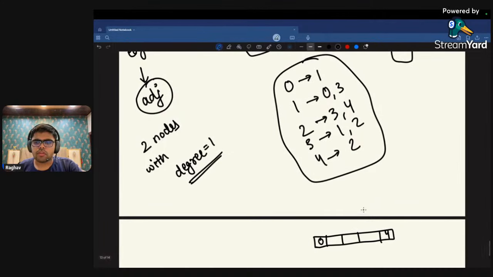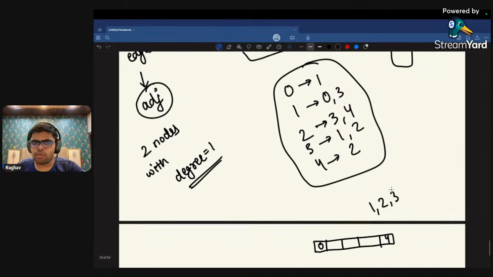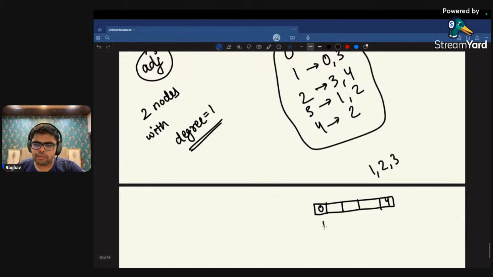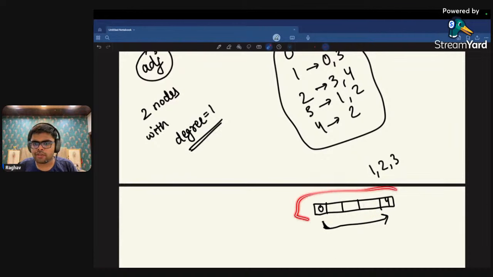You don't know where 1, 2 and 3 will come, but you can find it out by running a DFS from 0 till 4, by getting the path from 0 to 4, because this grid is just another representation of the graph. It is still the original graph which we had. We have just changed the way of representing it. That's it.